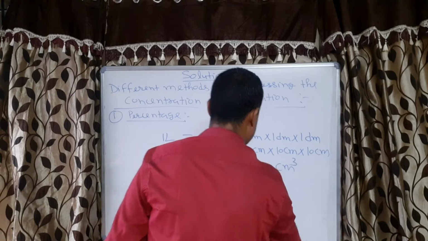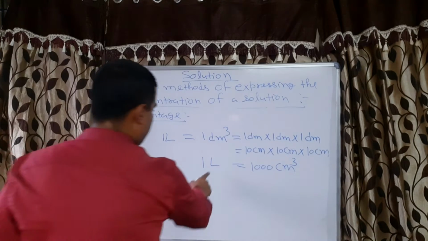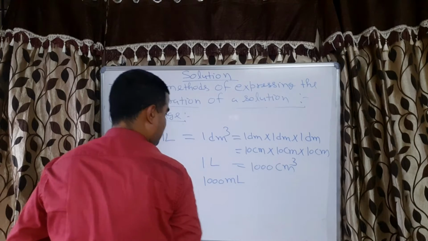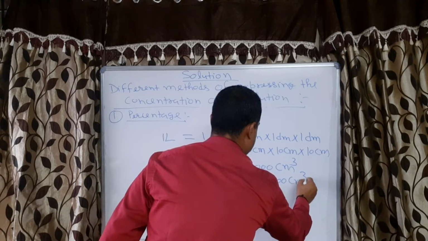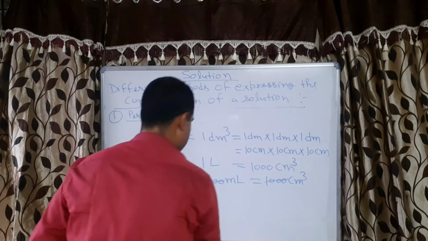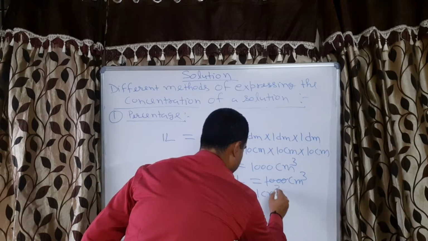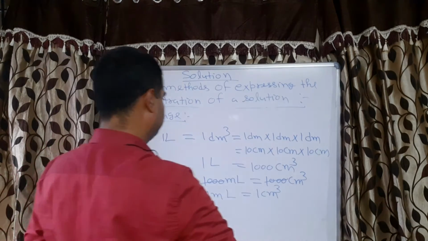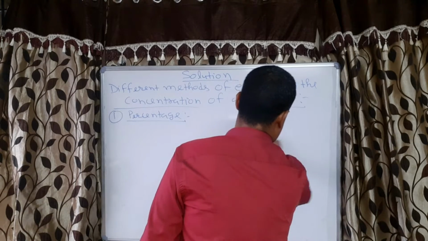This will be centimeter cube. Now we will write it like this. 1 liter is equal to 1000 ml. That is equal to 1000 centimeter cube. Now 1000 cancelled by 1000. It means 1 ml equal to 1 centimeter cube. Correct? So whether we are writing ml or centimeter cube, both are equal.